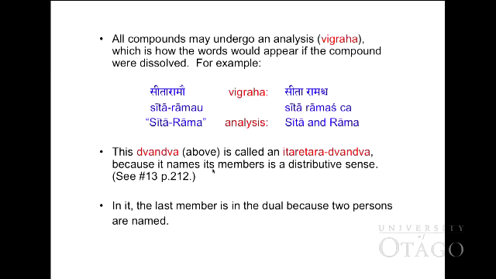In it, the last member is in the dual because two persons are named. That is Sita and Rama, Ramau is masculine dual. So this is what we call Itaretara Dvandva, the first type of Dvandva compound. There are two kinds of Dvandva compound. The first one is Itaretara, and the second one we will study in the next slides.